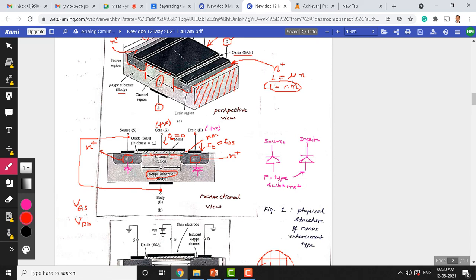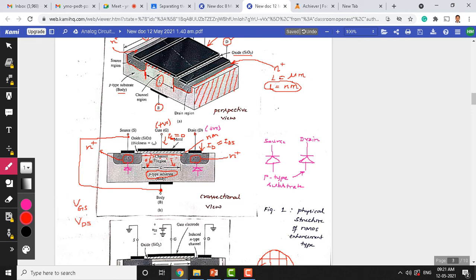All holes will get repelled, holes will move away like this, leaving the negative charges here. All negative charges will accumulate near the silicon dioxide. Negative charges cannot cross and go to the gate because there is an insulator here. So therefore all negative charges accumulate near the silicon dioxide.